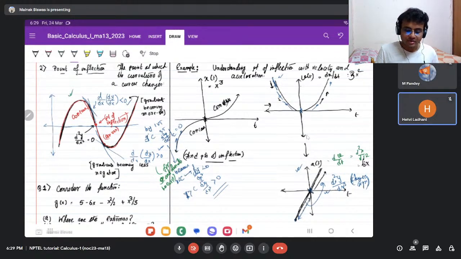Yes, sir. So whenever d2y/dx2 changes sign, you would have the understanding that there is an inflection point. That's what I was trying to intuit by this particle sense. So where you have a very high velocity and your acceleration is negative, the magnitude of acceleration keeps on decreasing, and then it goes to positive, right?